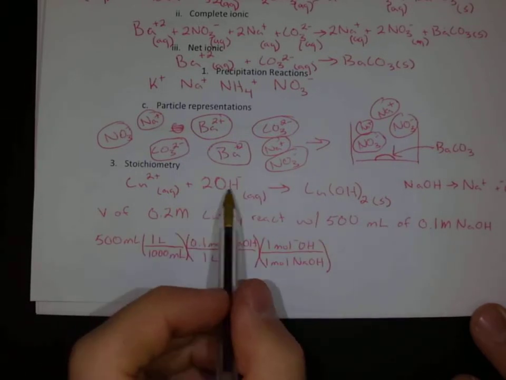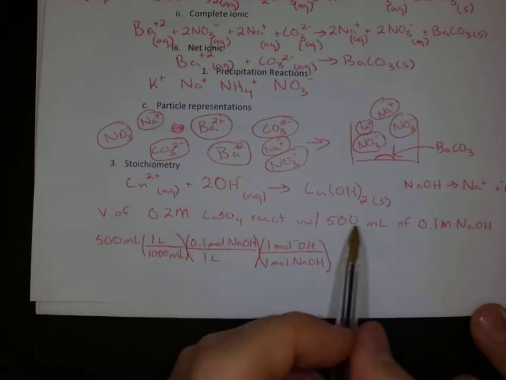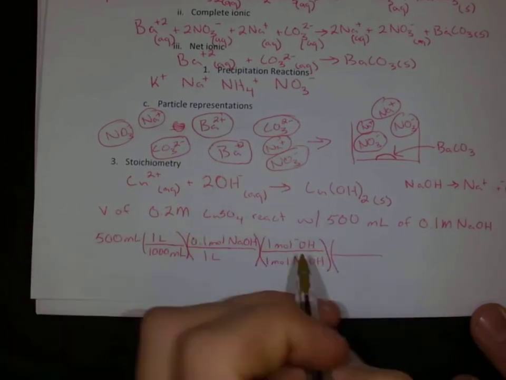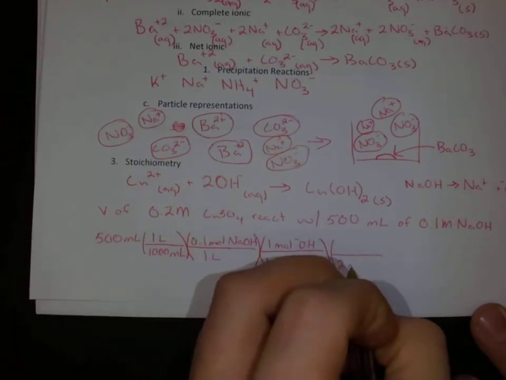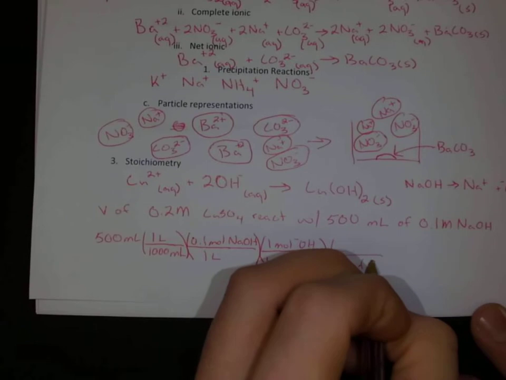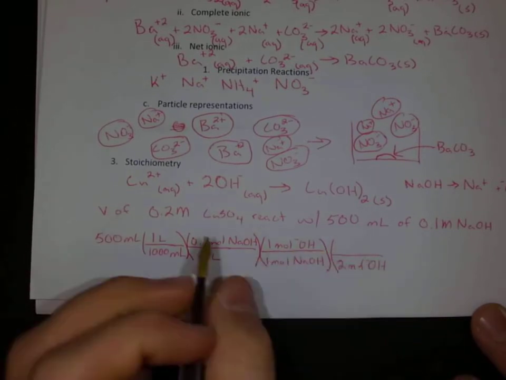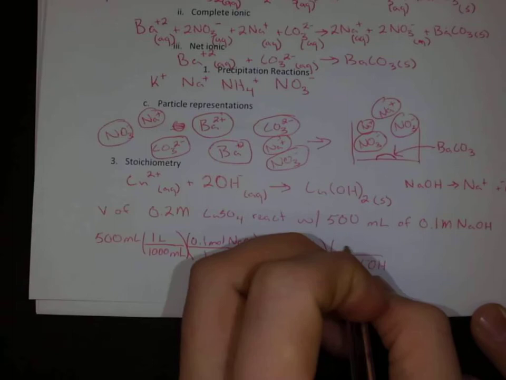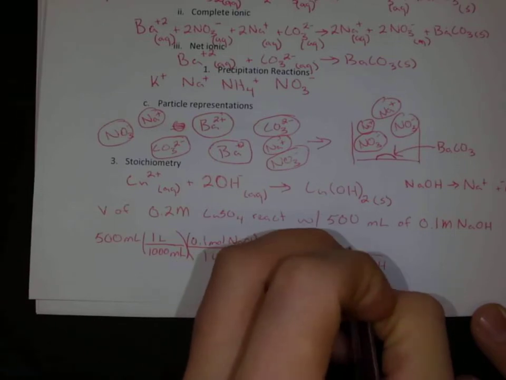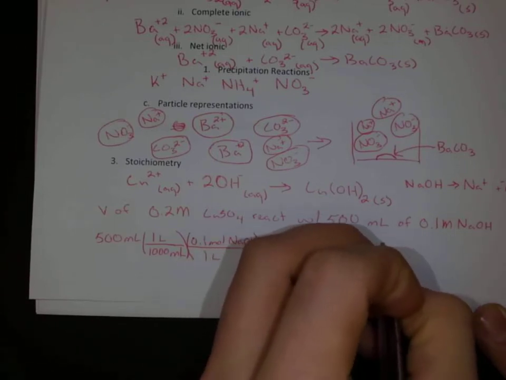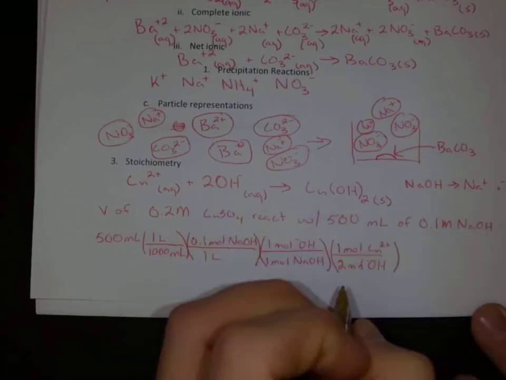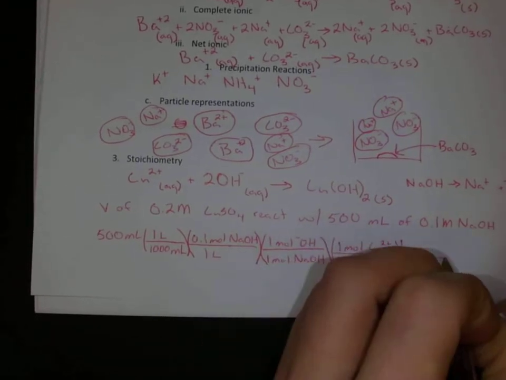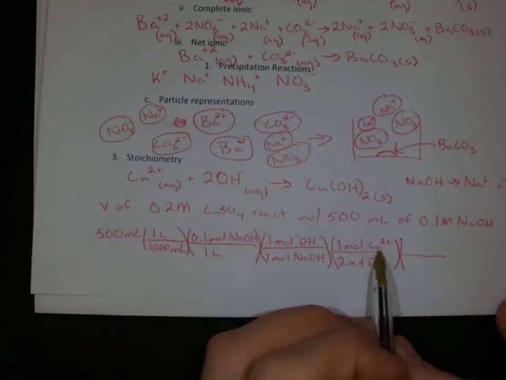Then I can start using my other equation here. Okay? Now I see, for every 2 moles of OH-, I want 1 mole of Cu2+. So now I have my moles of copper 2+.